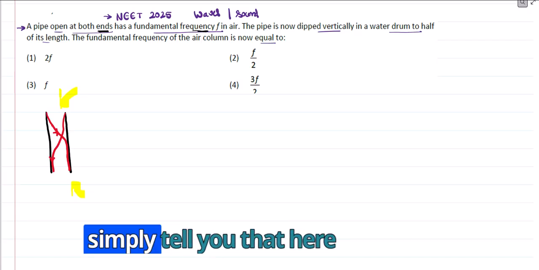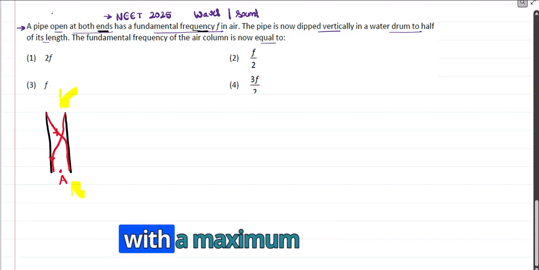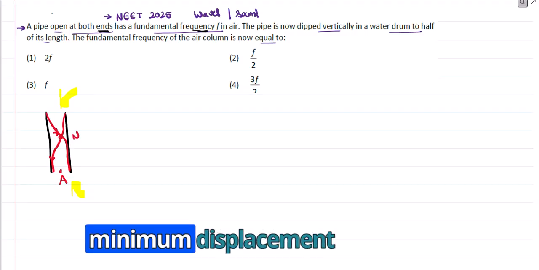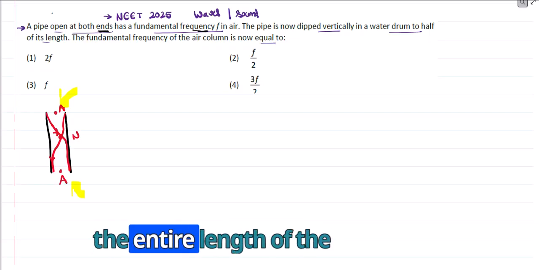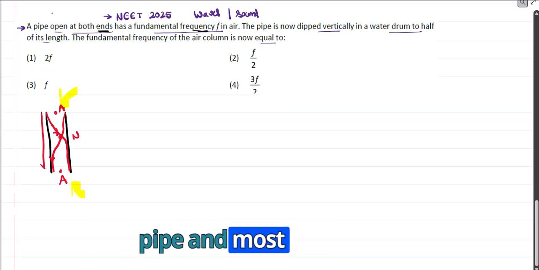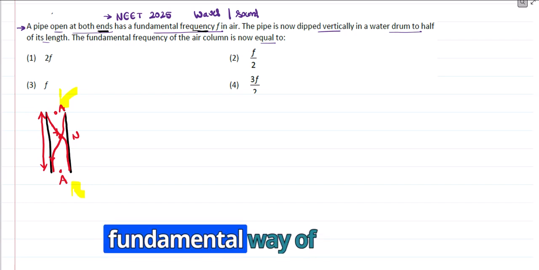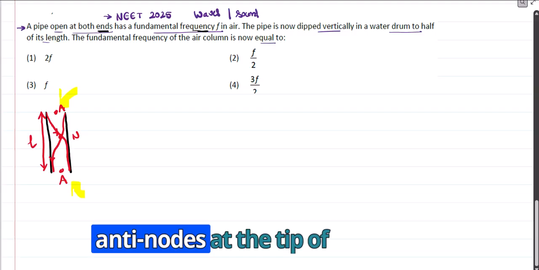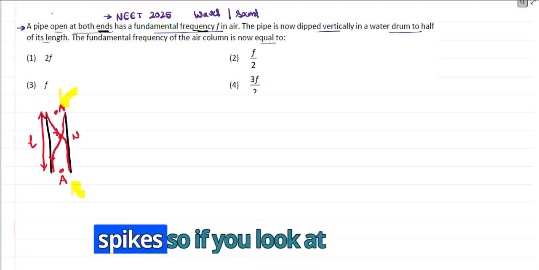But now let me simply tell you that here an antinode is formed with maximum displacement. Here a node is formed with minimum displacement. Here there is another antinode. So the entire length of the pipe, in the most fundamental way of vibration, will have two antinodes at the two tips of the pipe.